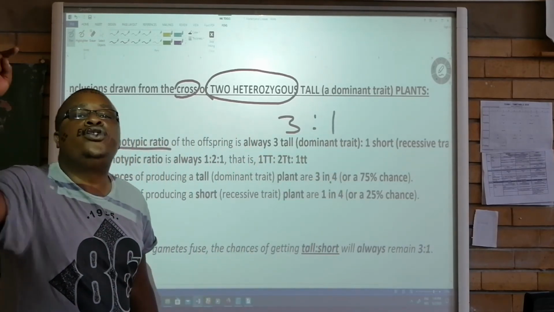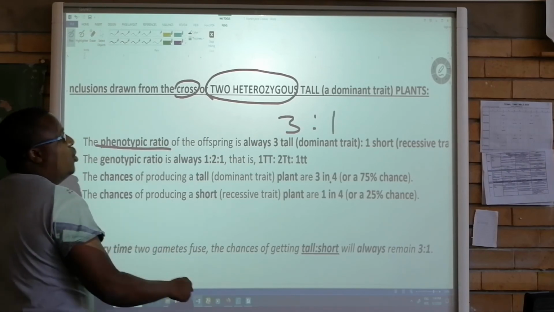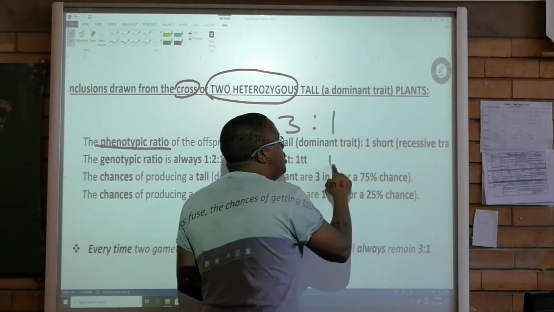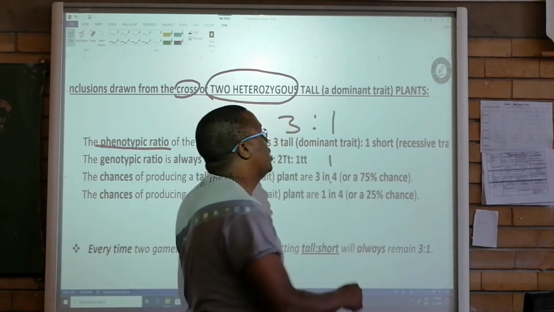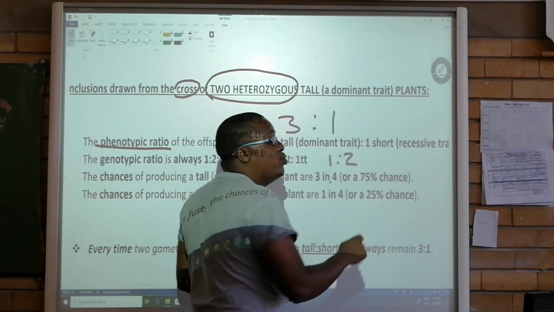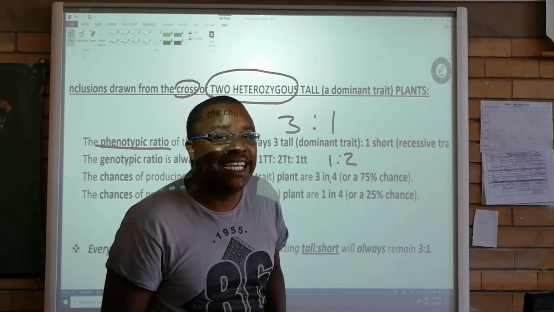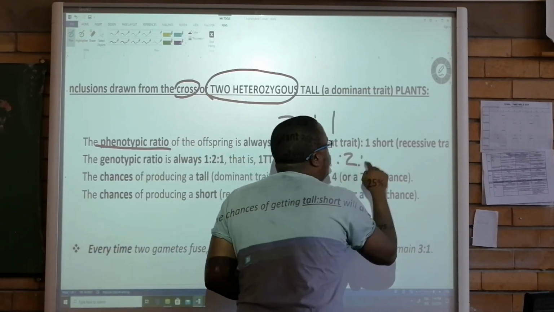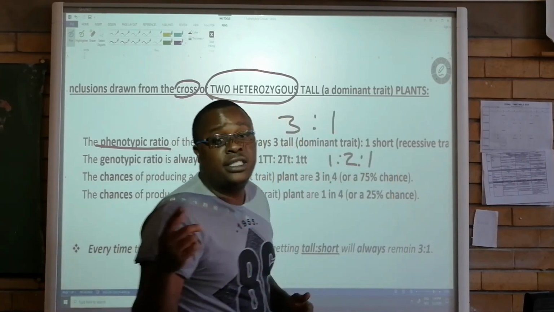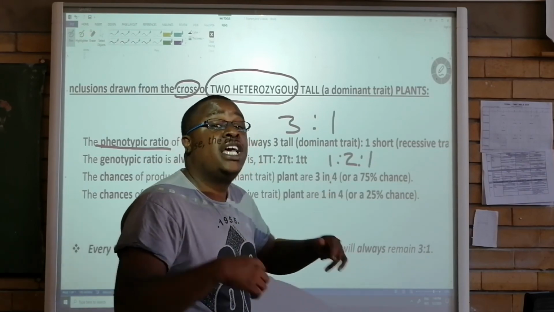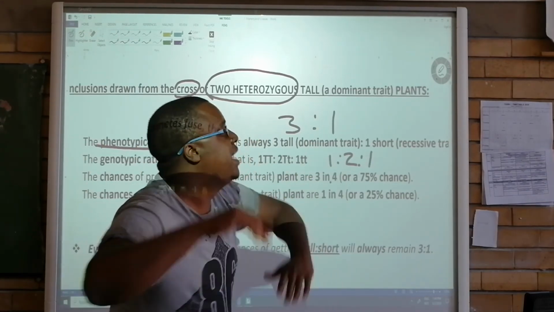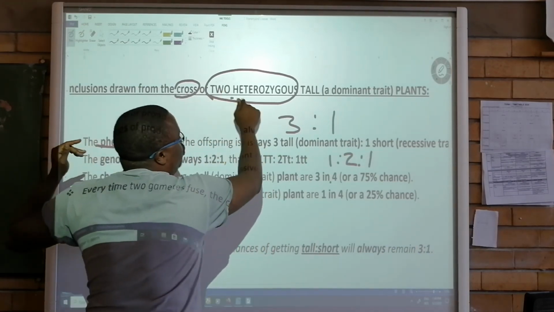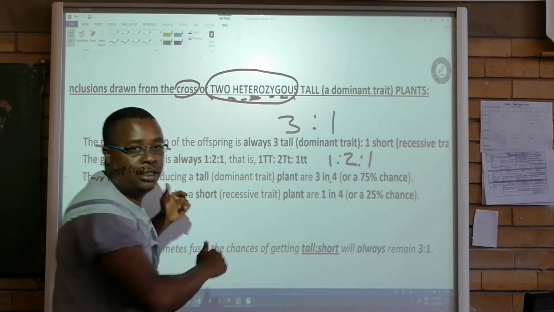You are always going to get the genotypic ratio being 1 homozygous dominant to 2 heterozygous, sorry, heterozygous genotype, to 1 homozygous recessive.